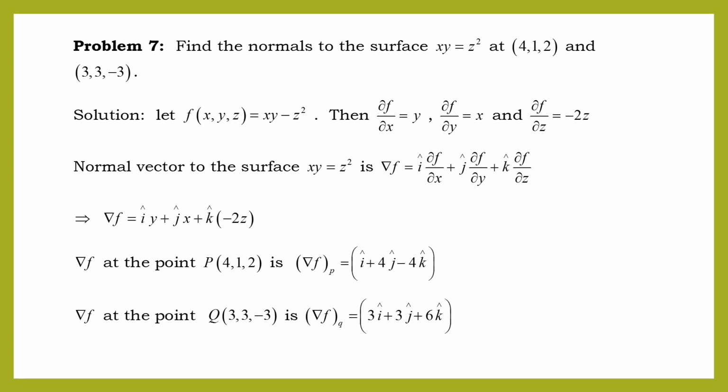So, del f becomes i cap into y plus j cap into x plus k cap into minus 2z. If we substitute x equals 4, y equals 1 and z equals 2, we get del f at P equals i cap plus 4j cap minus 4k cap.